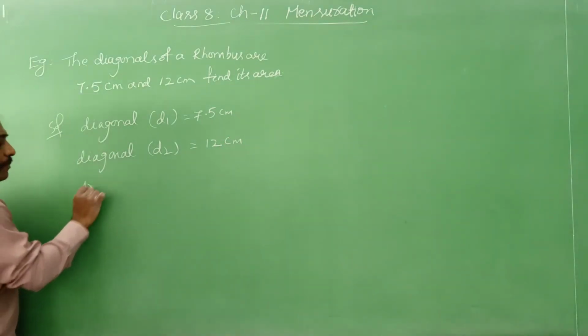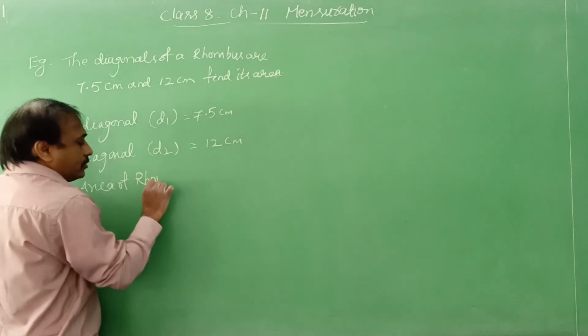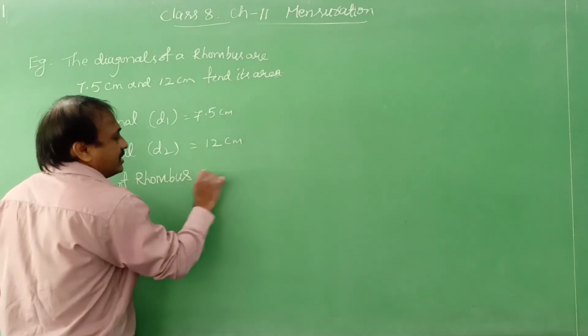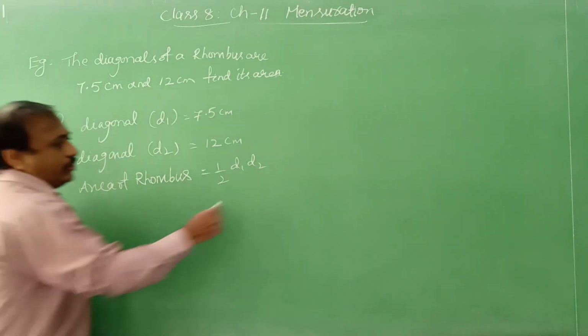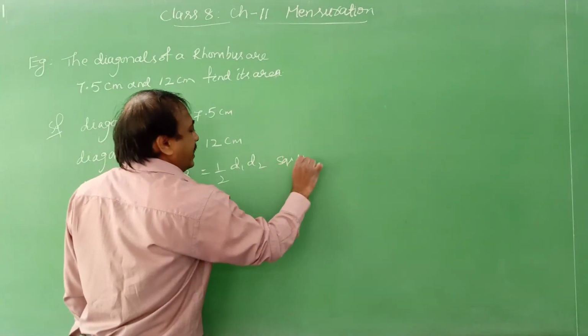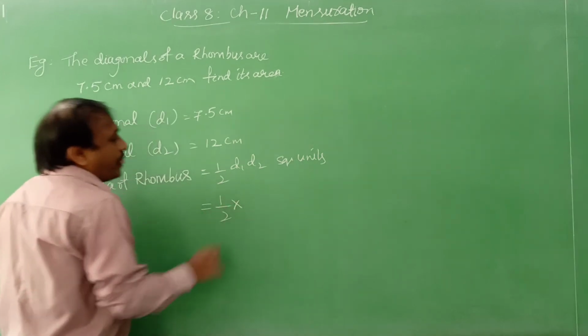Area of rhombus is equal to half into D1 into D2 square units.